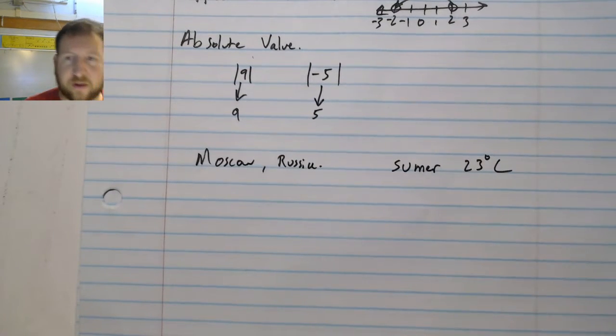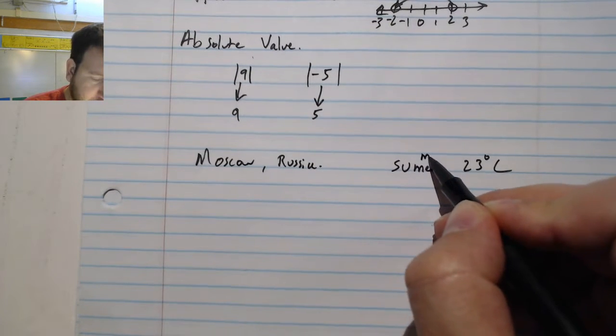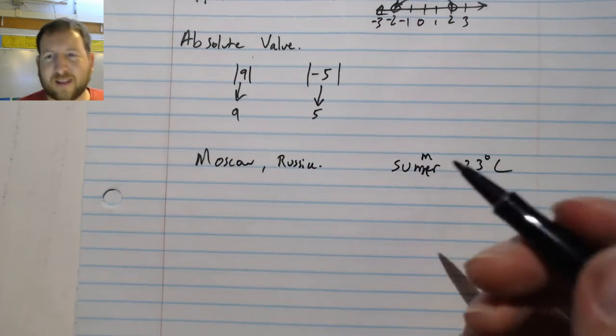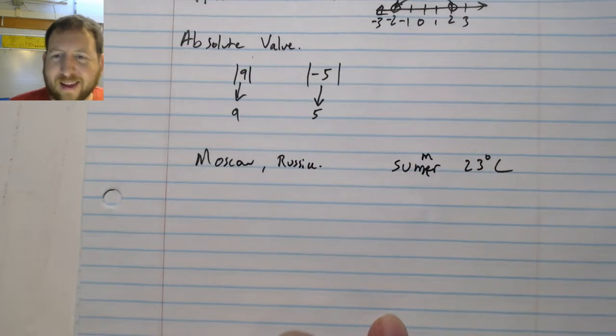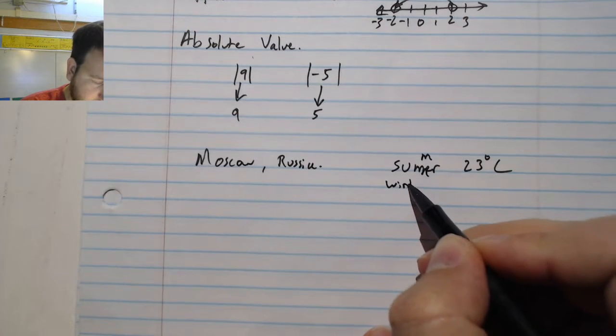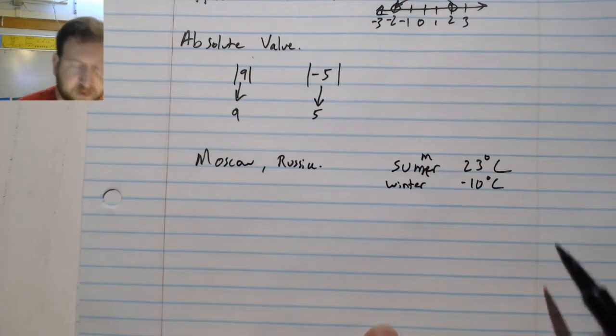Now, this is 20 degrees Celsius. Oops, and I should probably spell summer right. That works close enough. This is math class, not humanities. And a typical winter value, it's around negative 10 degrees Celsius.